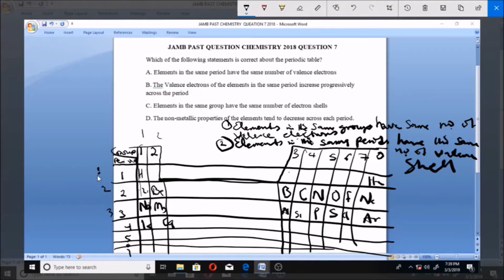Like this one, if this one has only K, this one will have K and L, and this one will have K, L, M. So the valence shell, if you have something like sodium, you can have this. This is the first shell. This is the second shell.